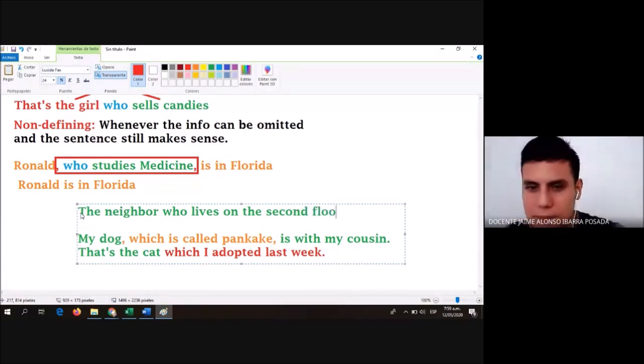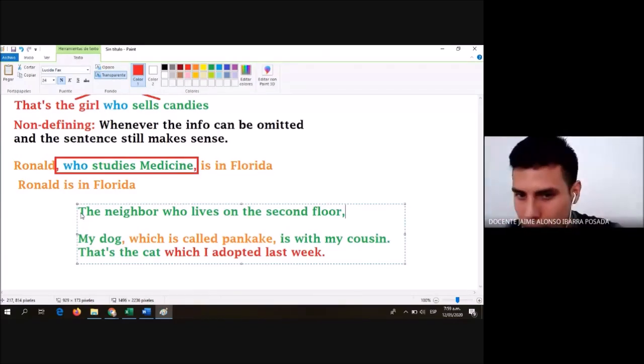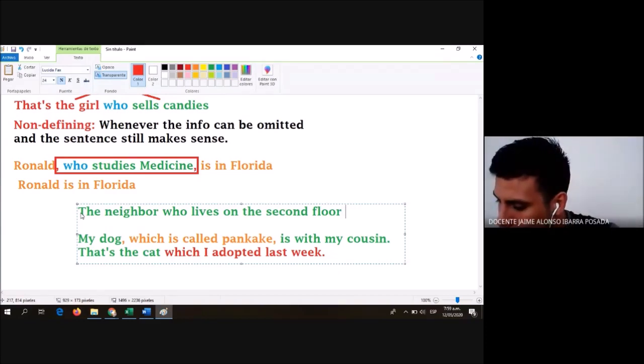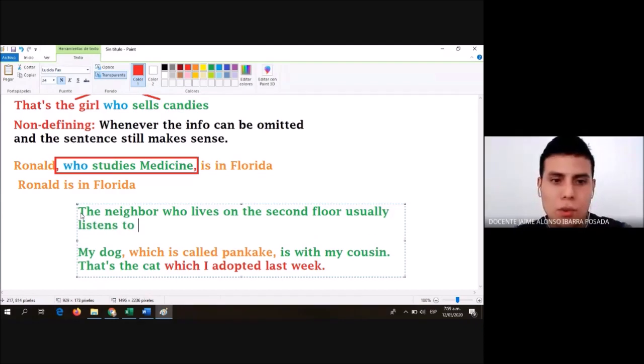Let's put it this way: the one who lives on the second floor, maybe you're in a building. Well, we're going to do it like this. The neighbor who lives on the second floor usually listens to rock.